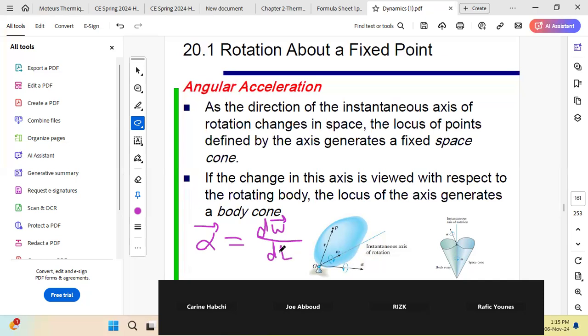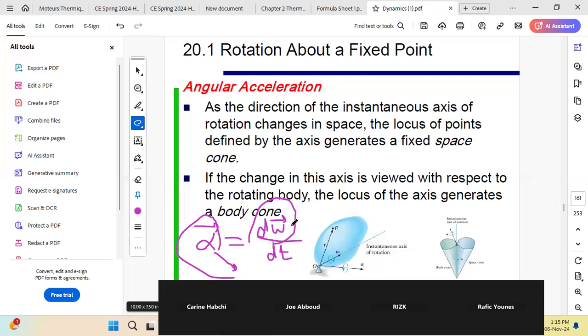In general, in 2D, alpha and omega are collinear because omega is only changing in magnitude, not in direction. But in 3D motion, since alpha vector represents a variation of omega vector, and omega vector is varying in direction and magnitude, we'll see that alpha vector will be decomposed into two parts.